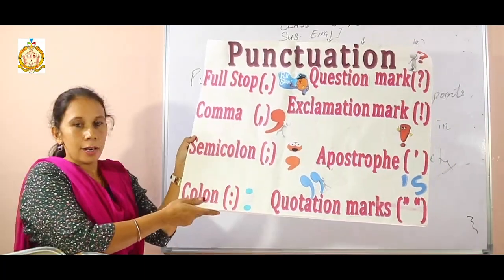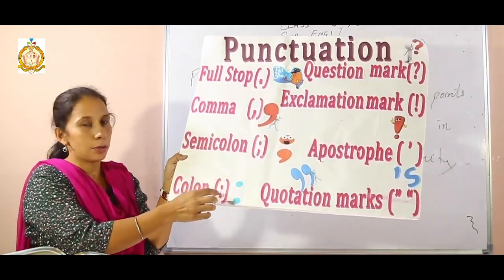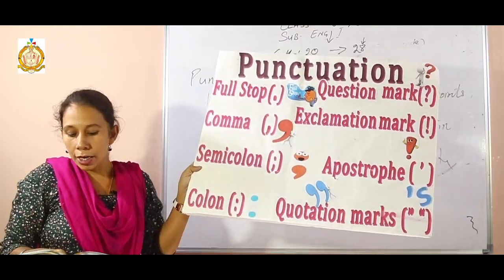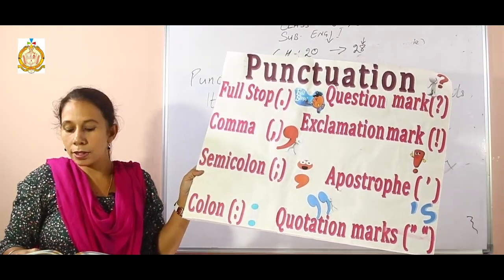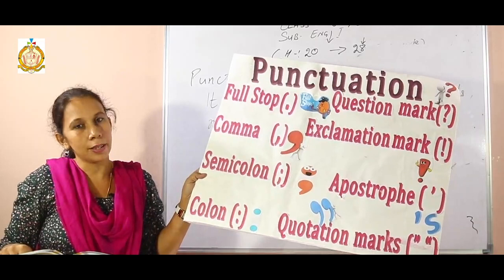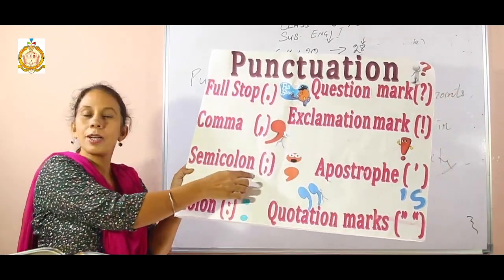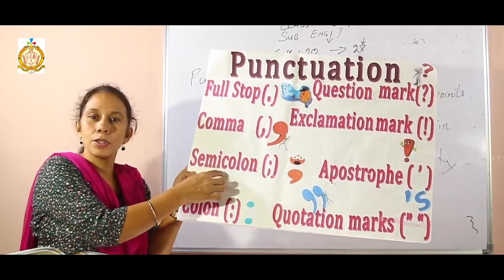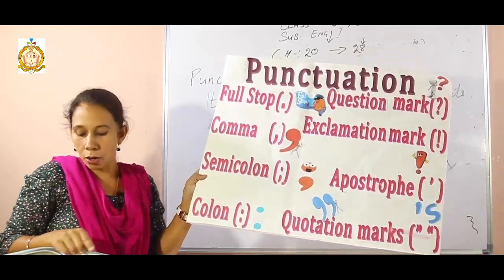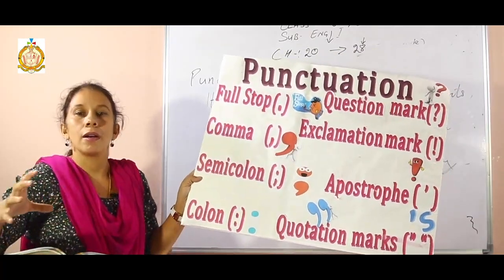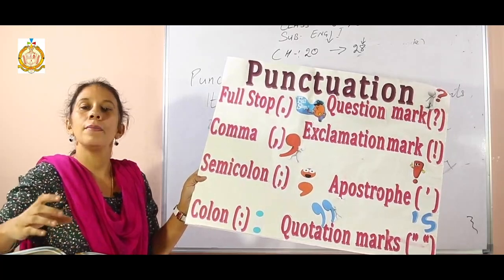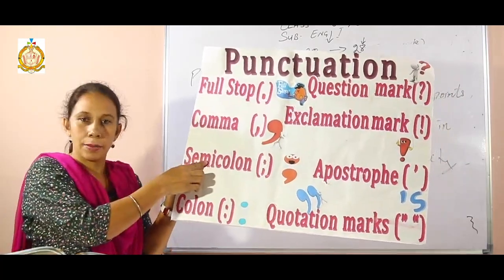Next one is colon. And what is the symbol of colon? Two dots. Colon is used to represent a pause still longer than that expressed by the semicolon. It is used in the same conditions where the semicolon is used, but here in colon the pause is still longer. You can pause for a little more time as compared to semicolon.